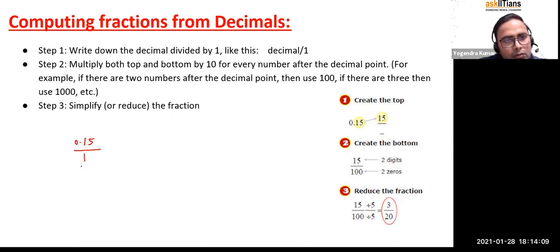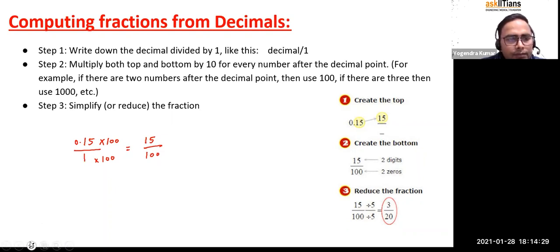What is there in the denominator? 1, right? Every time we have the number 1. So we can multiply. How many digits are there? 2 digits. So we should multiply up and down by 100. So we get 15 divided by 100. Now we can divide the numerator and denominator by what number?